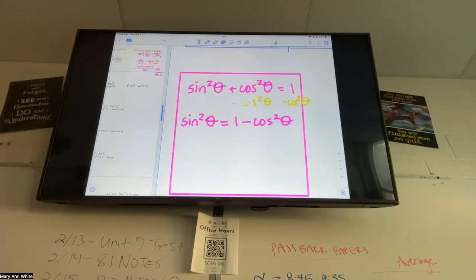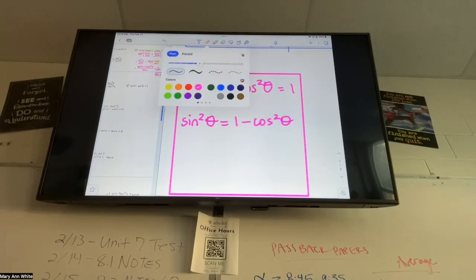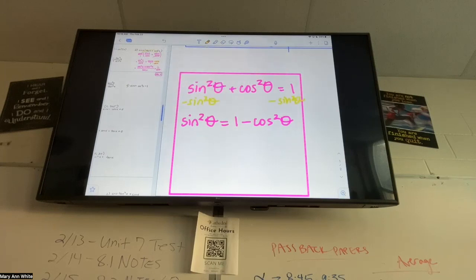Okay. Let's do one more manipulation. Let's minus sine squared off of both sides to get it in terms of cosine squared. So that would be cosine squared equals 1 minus sine squared.